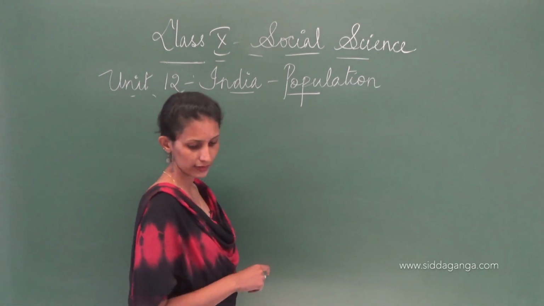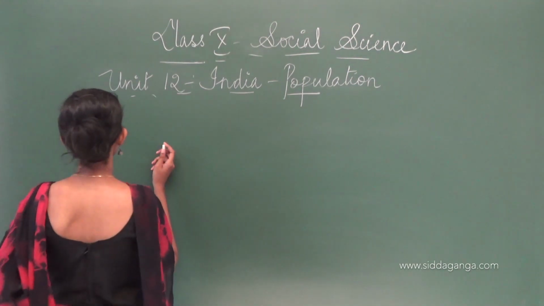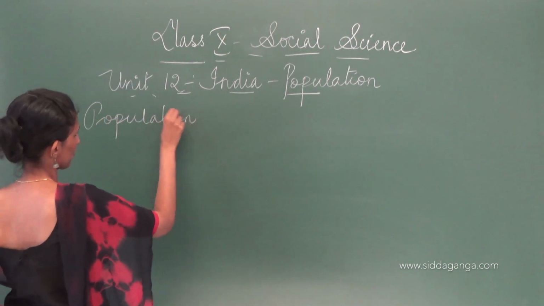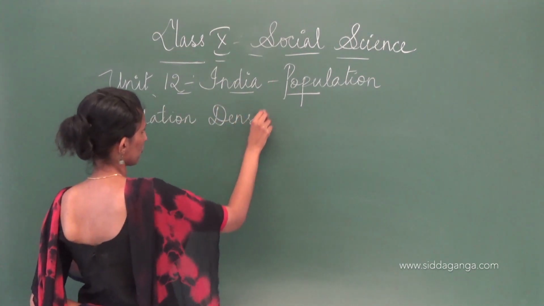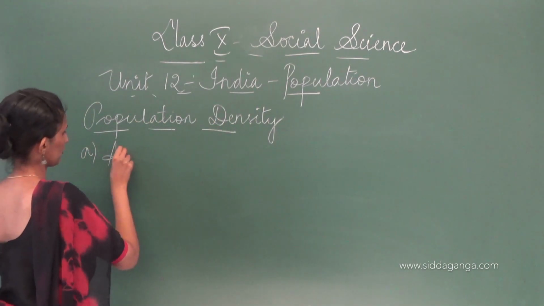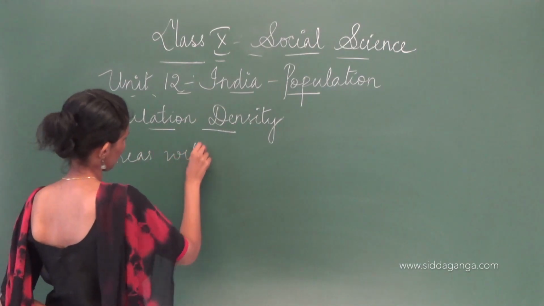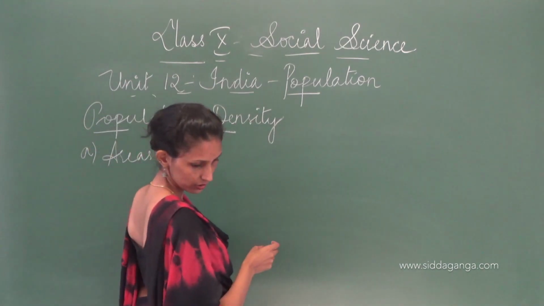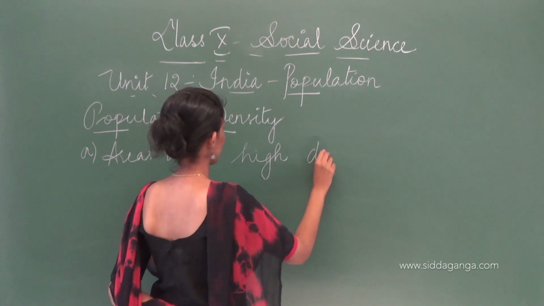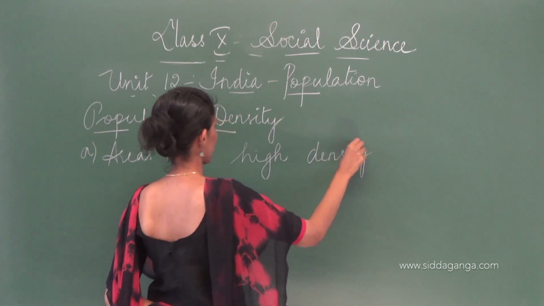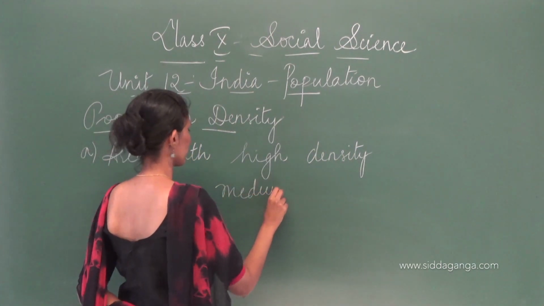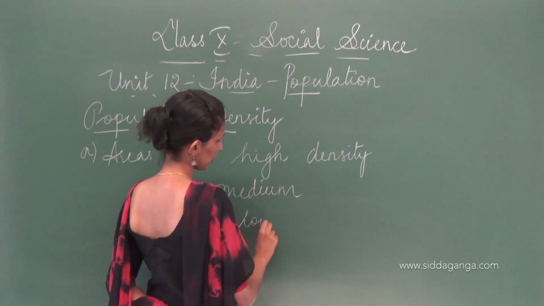Based on the population density, it can be divided into three zones: areas with high density, medium density and low density.